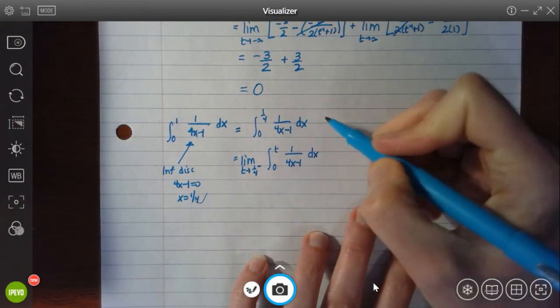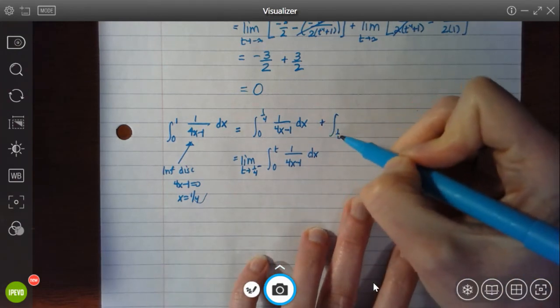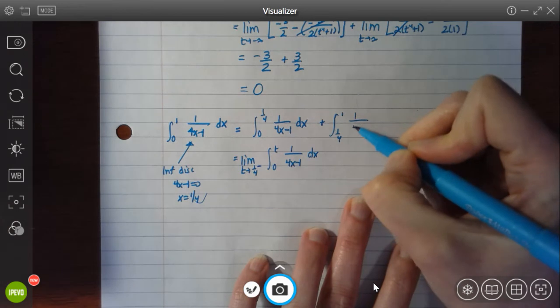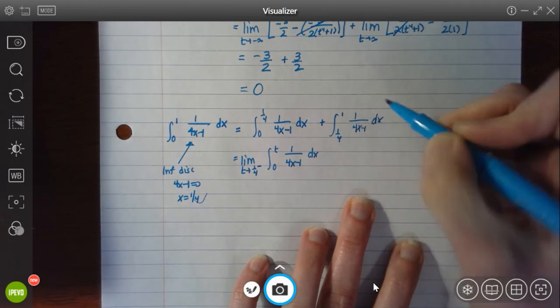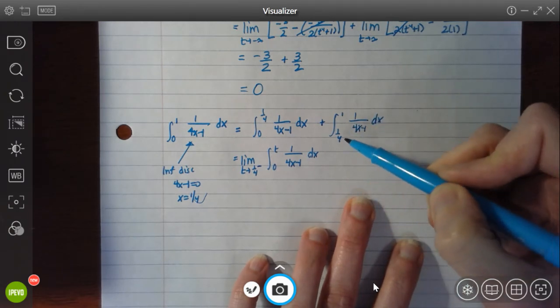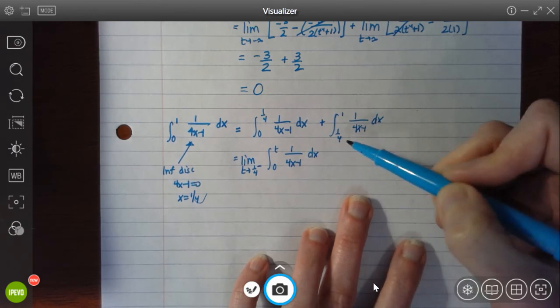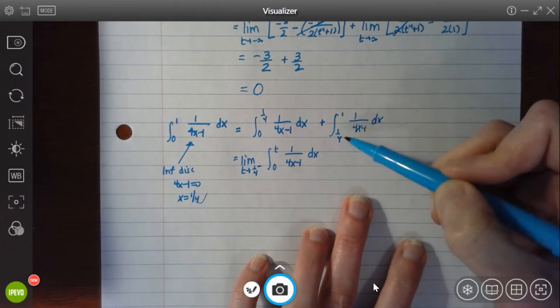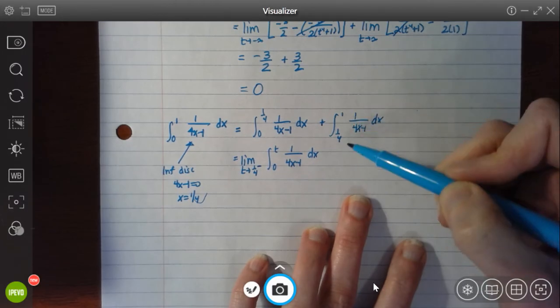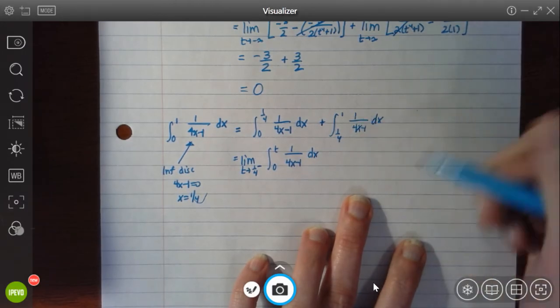And then our second integral is going to go from 1/4 to 1. And again, this time we're having our infinite discontinuity occur coming from the right, because we're going to be working with values from 1/4 to 1. So we're working with values bigger than that as we go towards this.